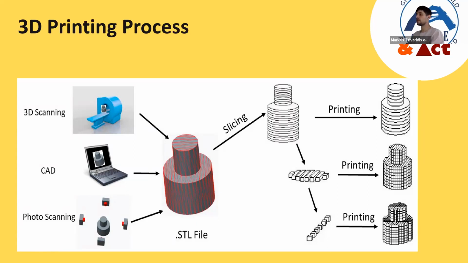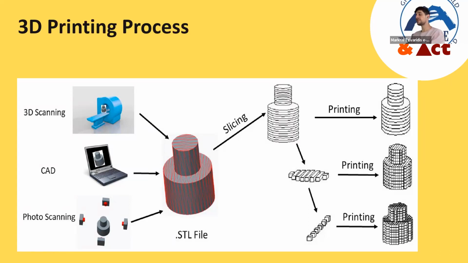Now, the data of the desired object will be converted into an STL file, and then that file will be sliced by a specific program. This program is called a slicer, and it divides the model into little geometrical pieces.